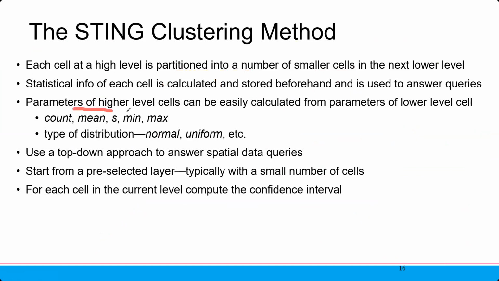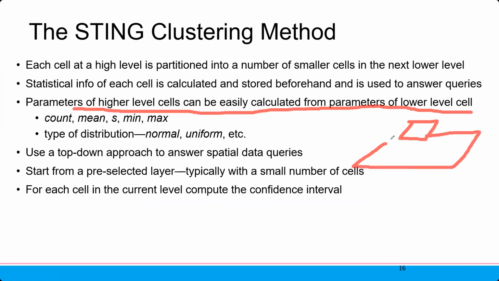Parameters of higher level cells can be easily calculated from parameters of lower level cells. So if I have this is the high level, and then I have the low level, like this one. Okay, so it means once I know this statistical information, I can extract into the higher level.